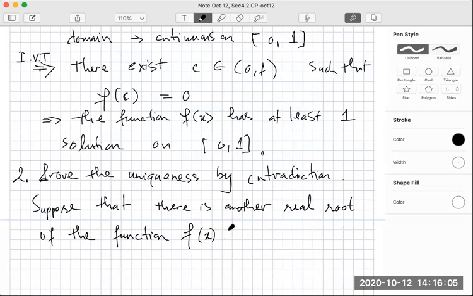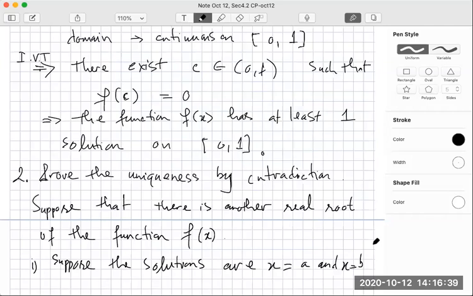The first solution is A, the second solution is B. Now we need to find something wrong.